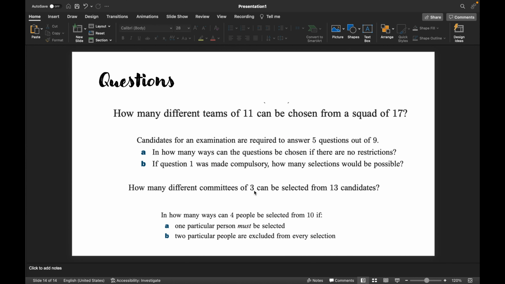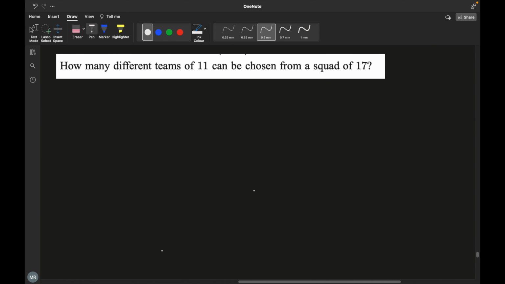Time to do some questions. Let's look at the first one. How many different teams of 11 can be chosen from a squad of 17? This is very simple. So we know that there are a total of 17 people, out of which 11 have to be selected. And this is selection because of the word chosen.